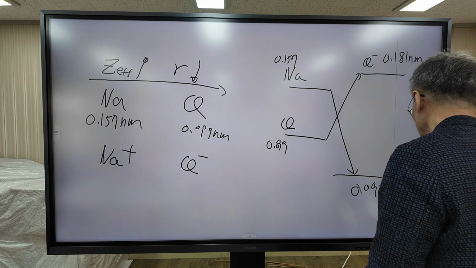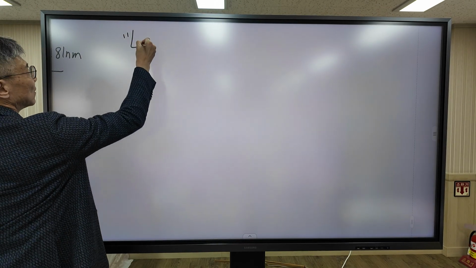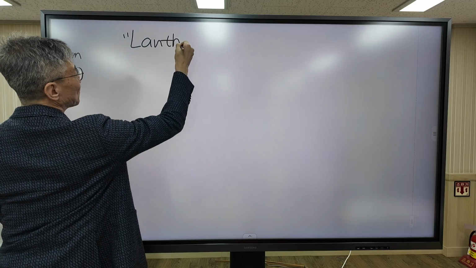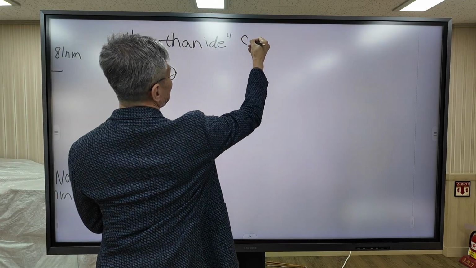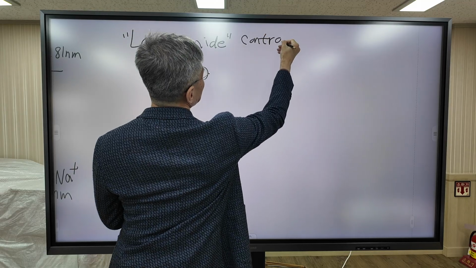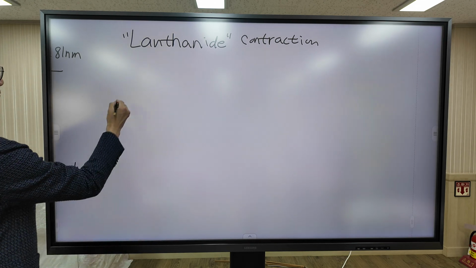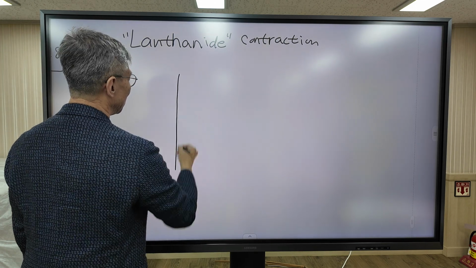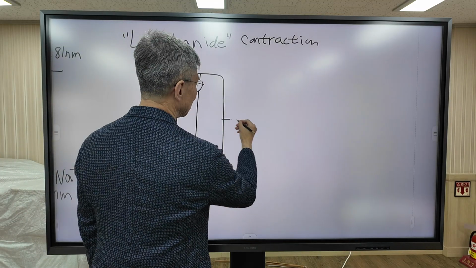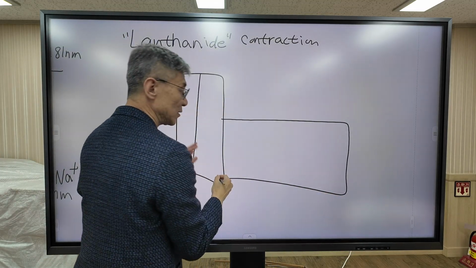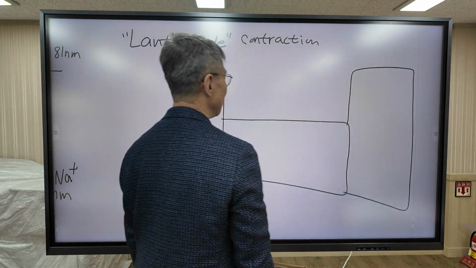And there's a term, lanthanide contraction. In the periodic table, there are main group elements, group 1 and group 2, then there are transition metals, and then the main group elements appear again.